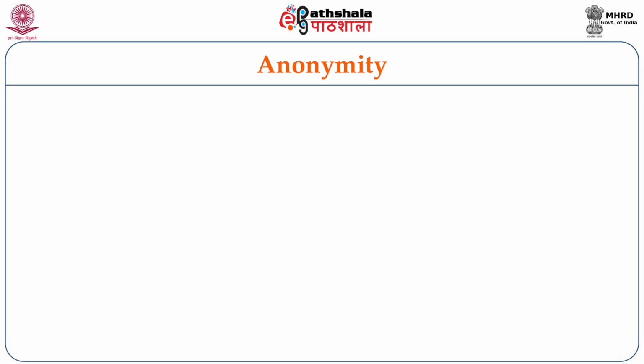So now we will talk about anonymity and multiple identities. For privacy preserving, what is important? It is important to guard the identity. Not every context that we use requires us to reveal our identity.